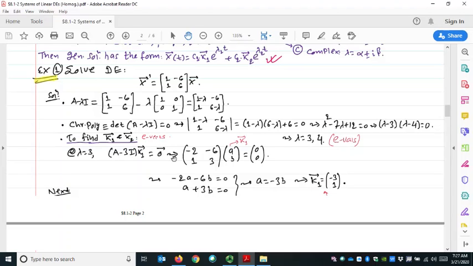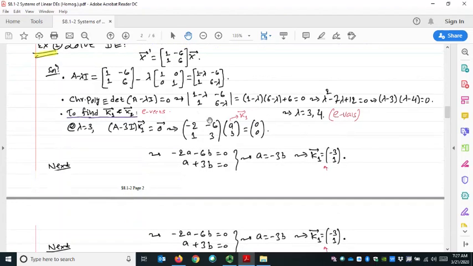Then A minus 3I, the matrix which you obtain from A minus lambda I when you put lambda equals 3, is: 1 minus 3, which is minus 2, keep negative 6, 1, 6 minus 3, which is 3. Vector k has components a, b, let's assume, we will find out later. Vector 0 has components 0, 0. Multiply these two.